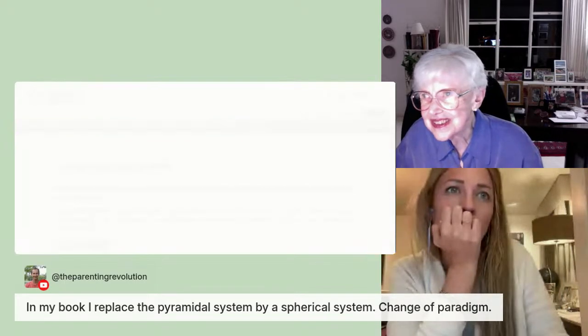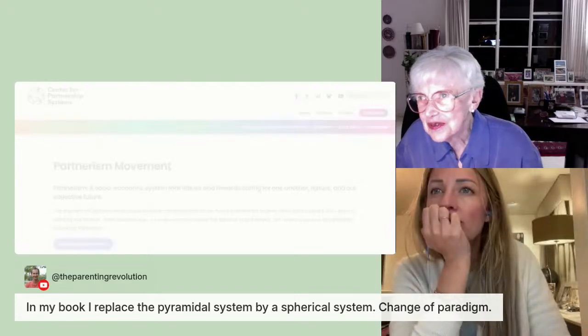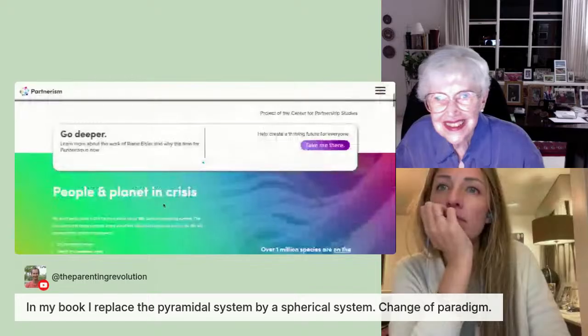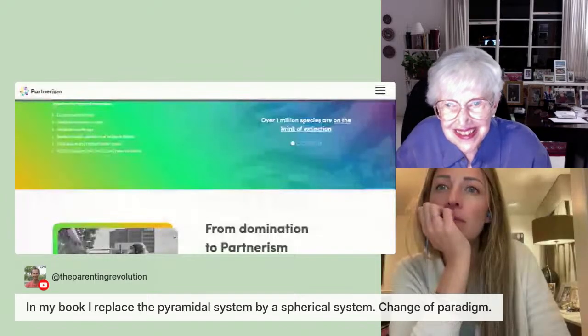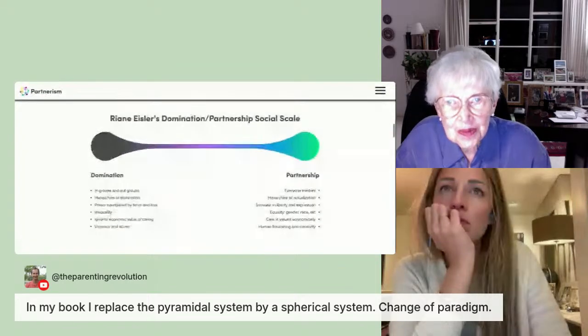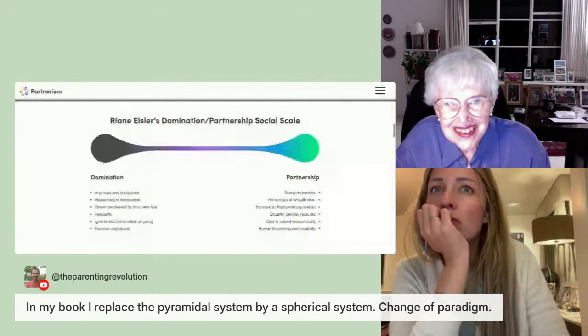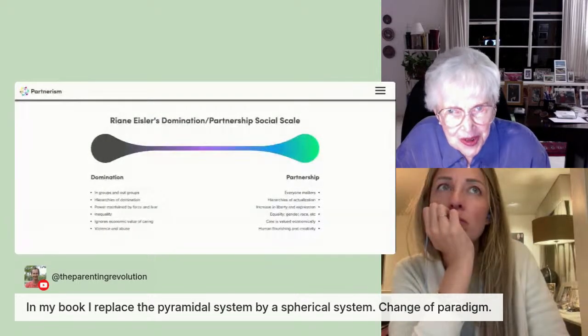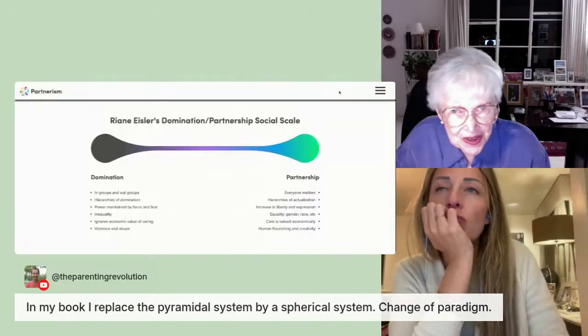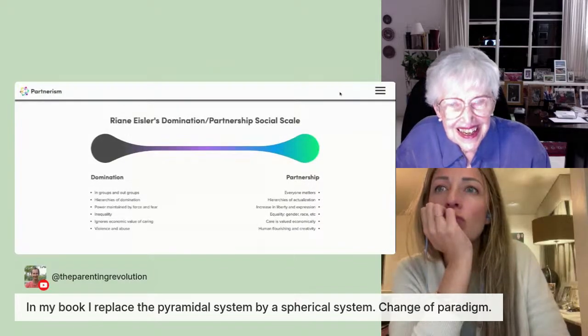Who is helping you with this, Leah? The website? Yes, from domination to partnership. These are the things: the domination to partnership scale.